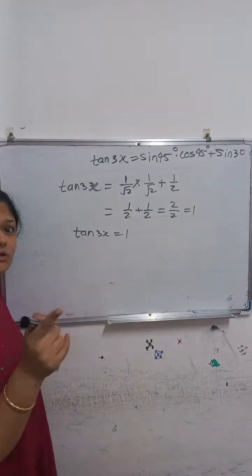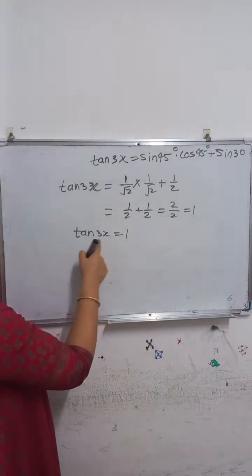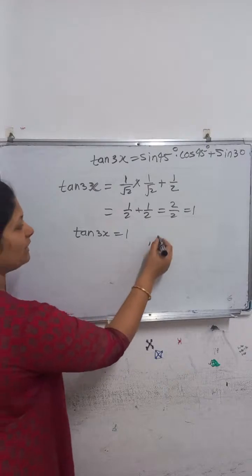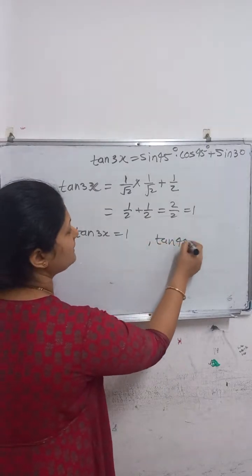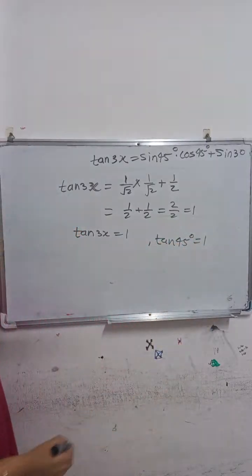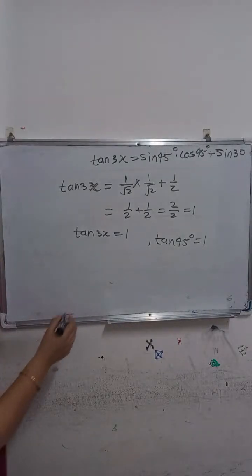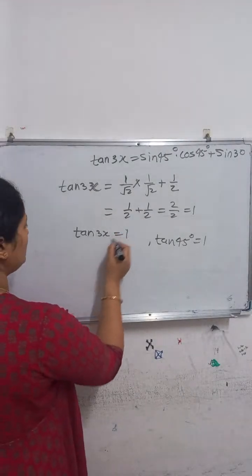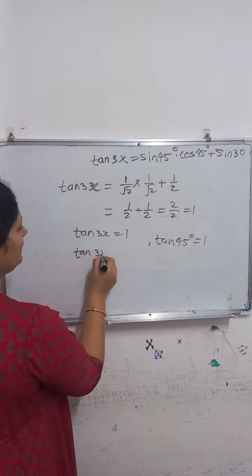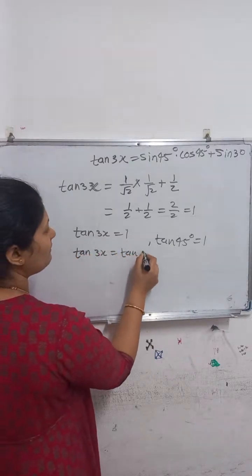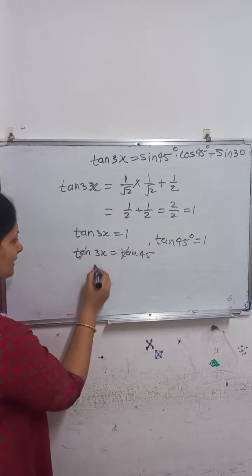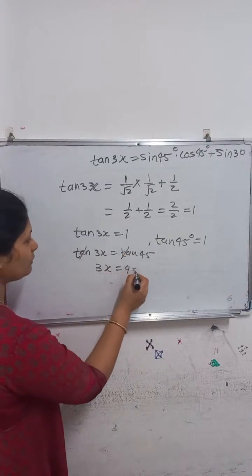So at which value is tan 1? We know that tan 45 degrees is nothing but what? 1, no? Correct? So here can I write tan 3x is equal to tan 45. So tan and tan get cancelled and 3x is equal to 45.